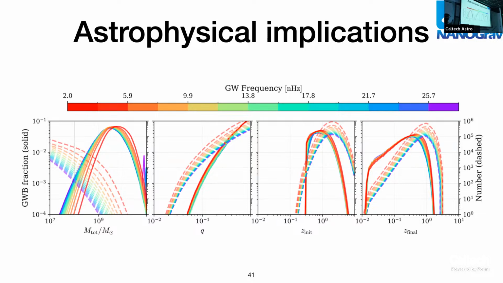The 13/3 assumes these binaries are only getting closer together due to gravitational wave emission, but if you have extra gas dynamics and things like that, they harden faster. In some ways, that has to happen for them to even be emitting in the pulsar timing array band at all. So that turnover in the spectrum should happen somewhere, and hopefully it'll happen at a place that we can detect. Thank you.